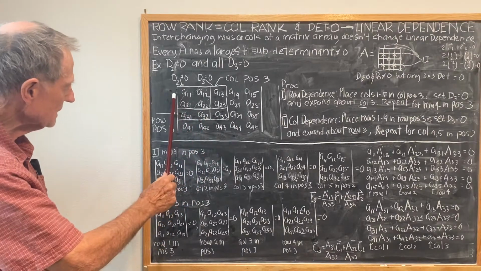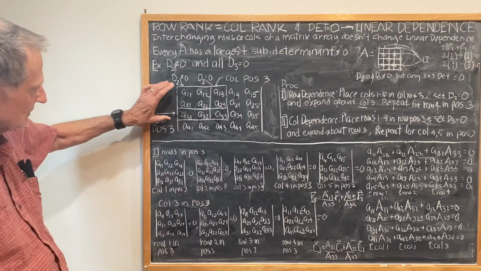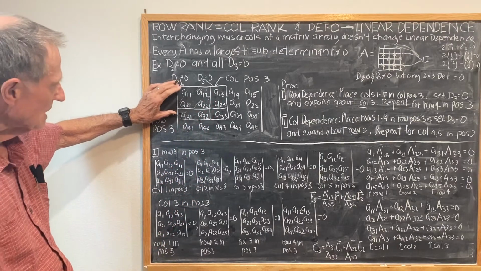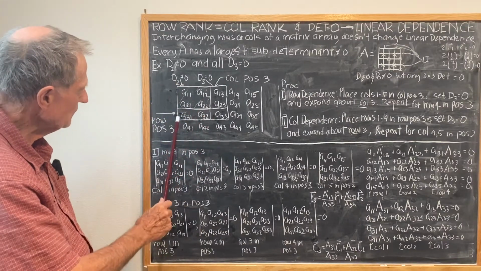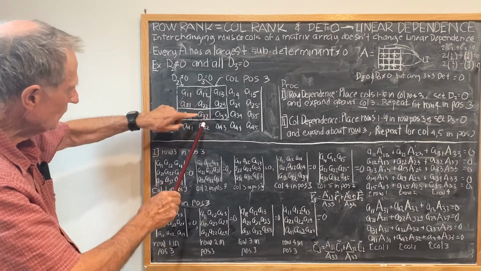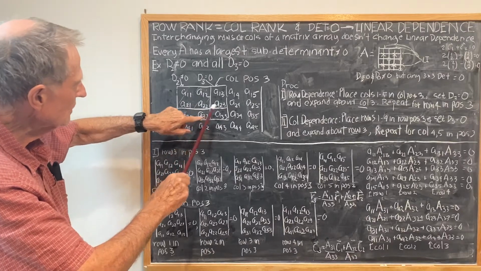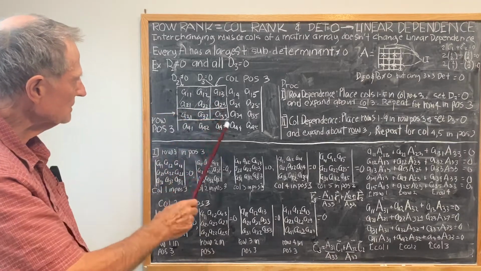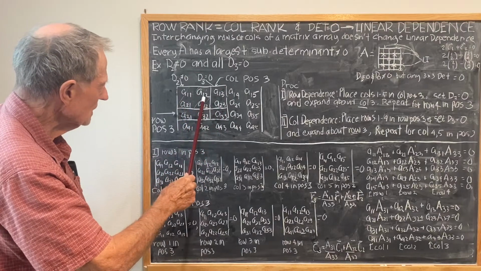Now, if I replace this row with the first row, then I have a determinant with 2 rows equal, so it's 0, and I can write the same thing, and that gives me A13 is the same linear combination of A11 and A12.